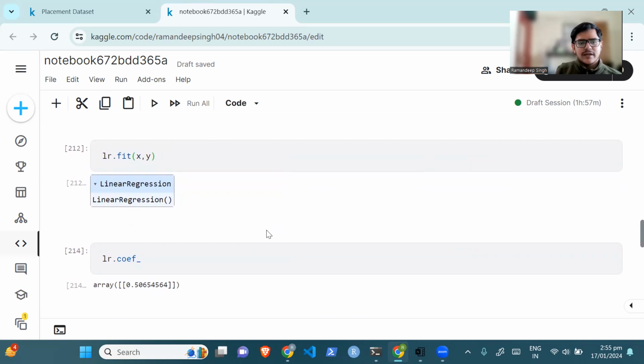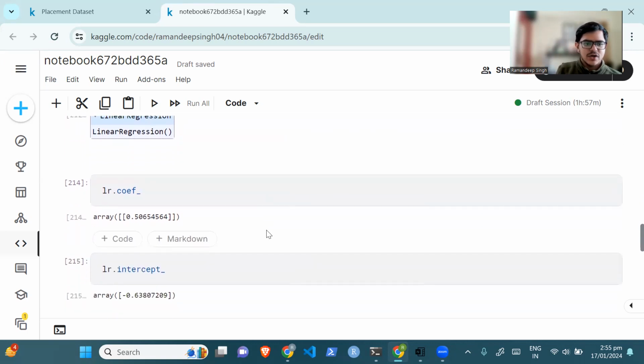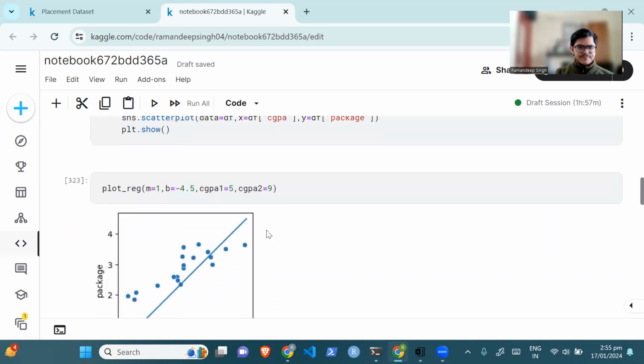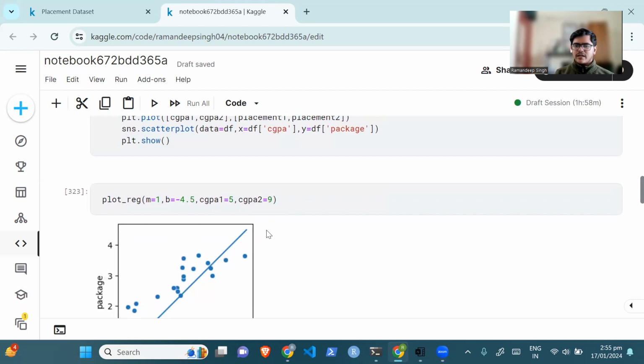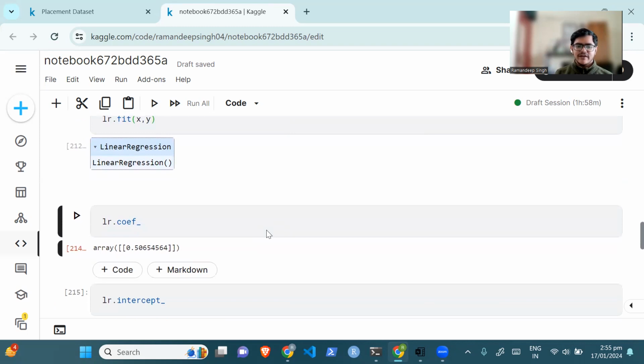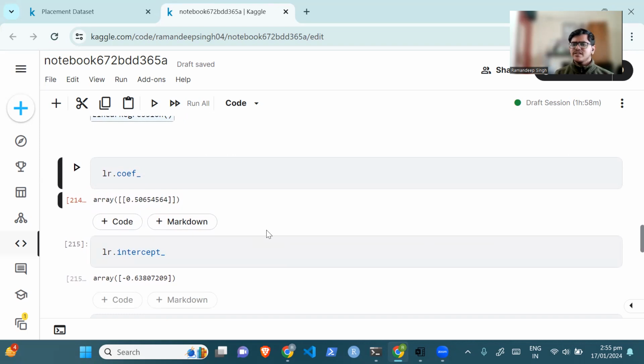I fit my model by passing X and Y to it, and it calculated the optimum value of the coefficient for which my error will be minimum, and the coefficient comes out to be 0.50. The coefficient which we took was 1, and the optimum value is 0.50, and the intercept is minus 0.63, for which the error will be minimized.